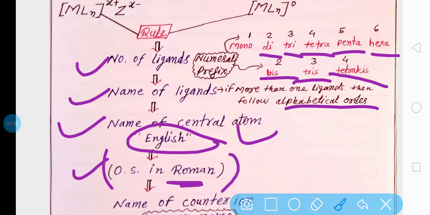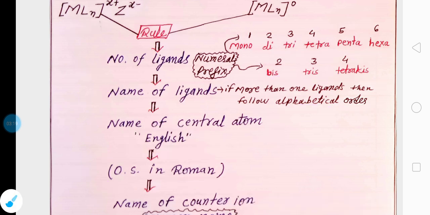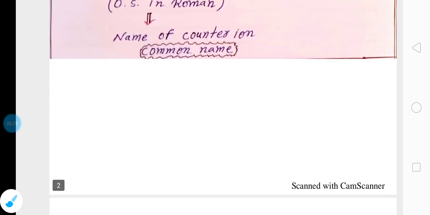Remember this. And at last there will be the counter ion. If the coordination sphere is positively charged, then on the right side there will be a counter ion, and you write its common name. Clear? So let's see an example.